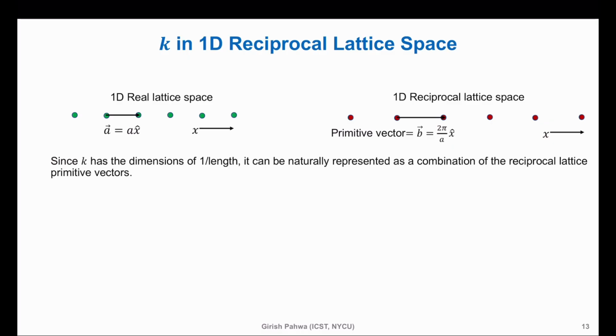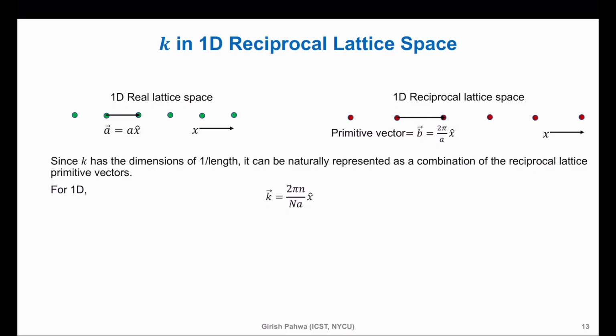Let's do that. For 1D we know that this k is 2 pi n divided by Na. We just saw that from the Bloch theorem and the periodic boundary condition. So 2 pi n divided by Na, times x cap, will be my k vector in 1D. Now 2 pi by a times x cap, what is this? This is b.